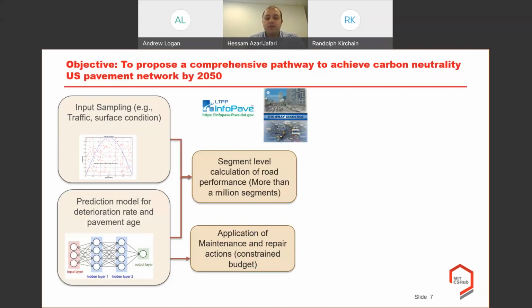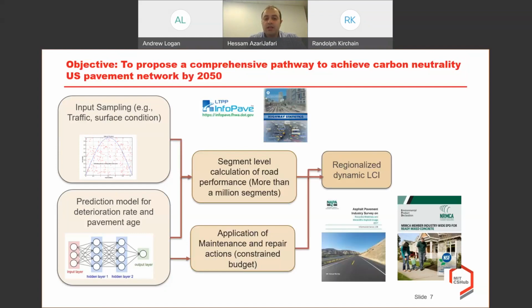And with the application of the maintenance and repair actions under a constrained budget for each state, we could get the bill of materials. And with the bill of materials required for pavements, we needed some life cycle inventory, and we could collect some of the data, again, from industrial organizations such as NAPA and NRMCA to have good representative concrete and asphalt mix designs and the incorporation of different materials in different regions.